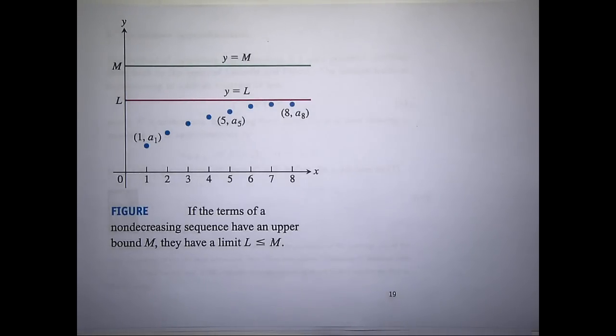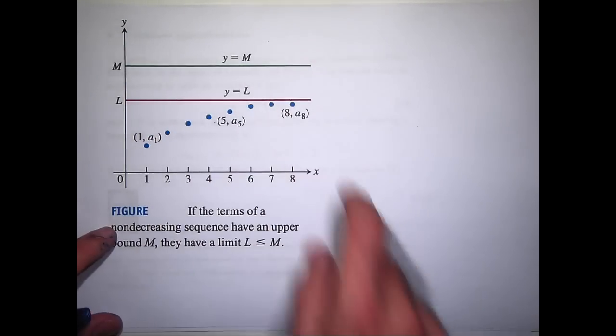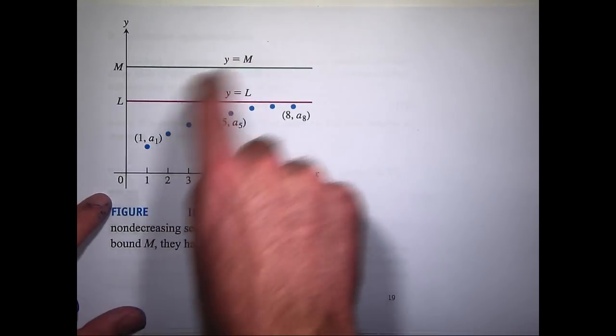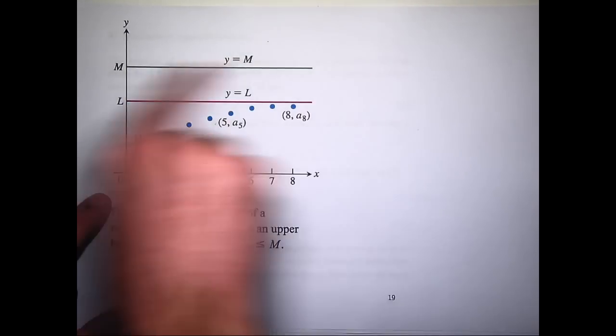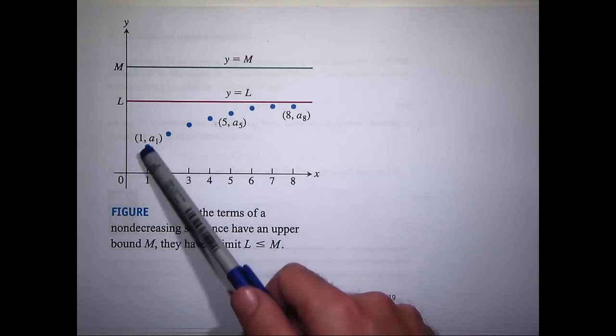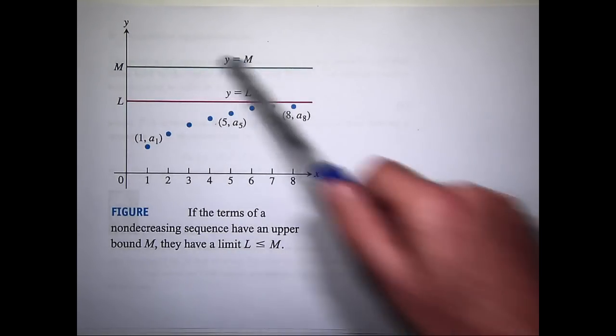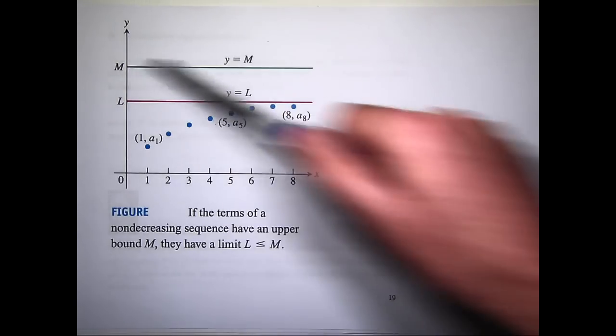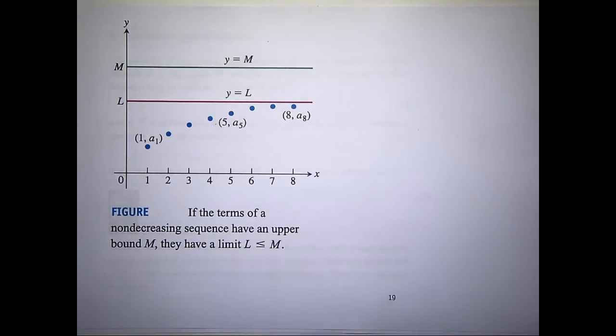Suppose I've got a sequence. Here it's just plotted in the plane. And big M is any upper bound for the sequence. What you can see from the picture, the sequence is increasing and it's bounded by this number, big M. What the monotone convergence theorem says is that the limit of that sequence does exist, and the limit is less than or equal to whatever that number, big M is.